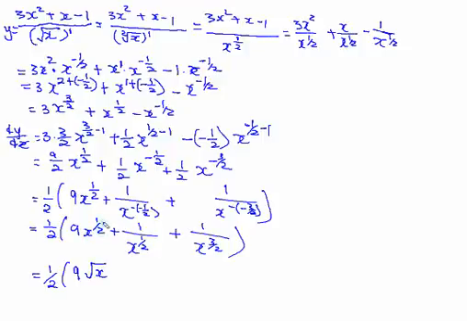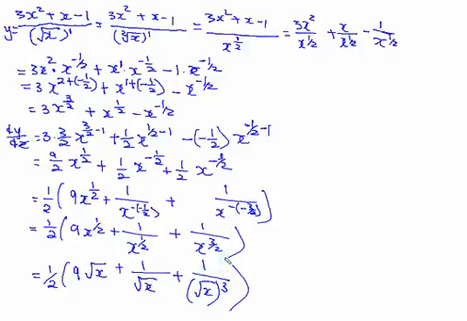This x to the half means the square root, plus 1 over x to the half means square root x, plus now the denominator is the root, the numerator is the power, which is 3.